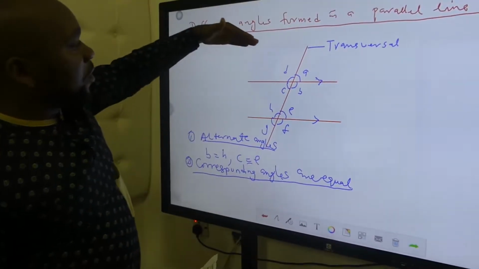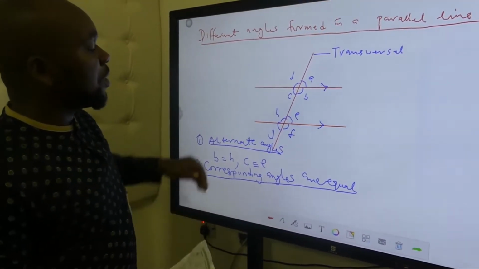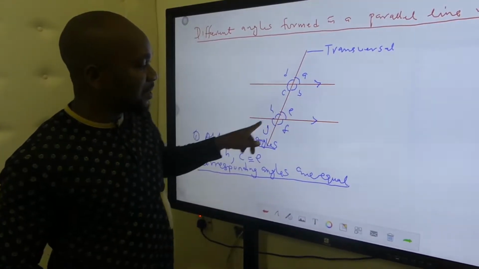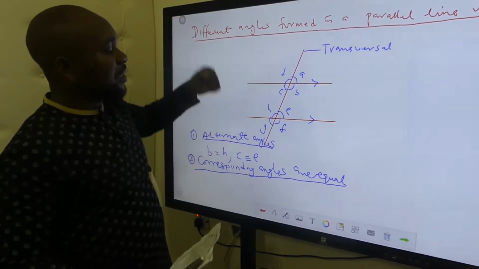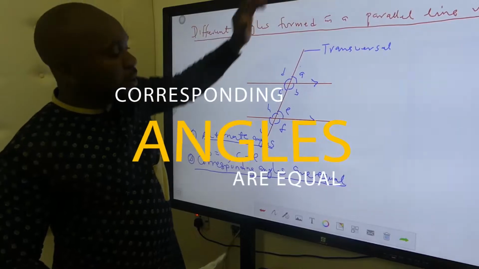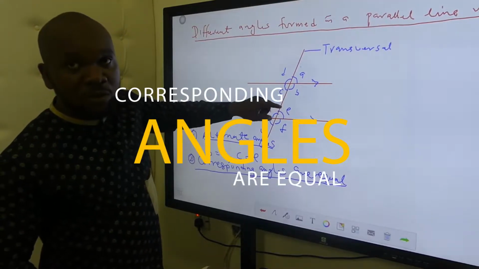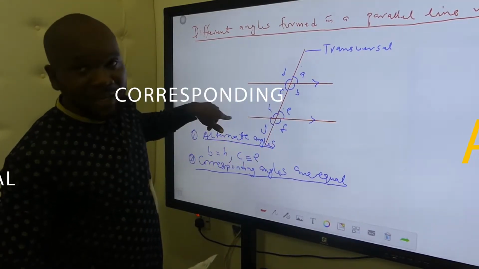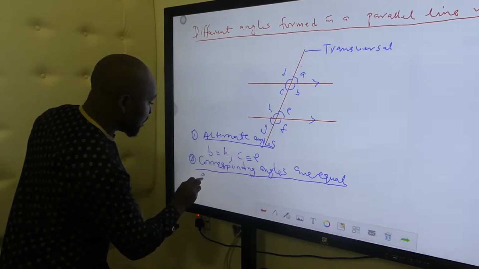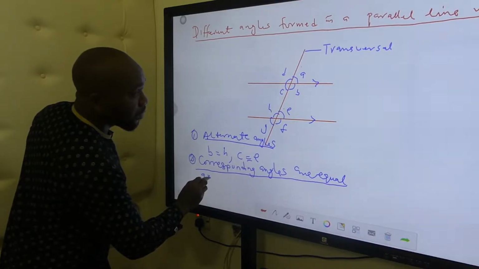If you are talking about corresponding angles, these are the two parallel lines. This line and this line are two parallel lines. Then A is on top, which corresponds to what? E, which is also on top of a parallel line. Then in that case, A is equal to E.